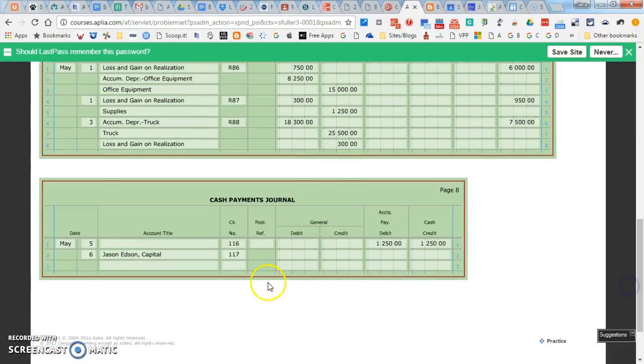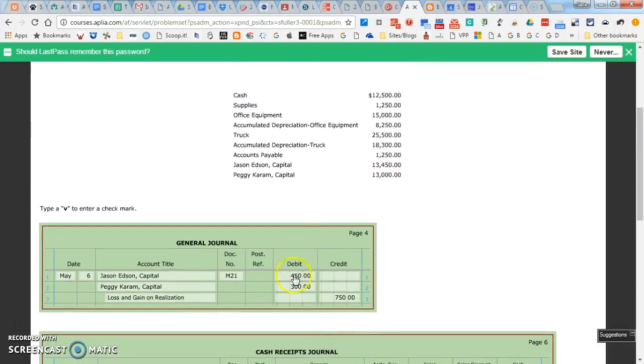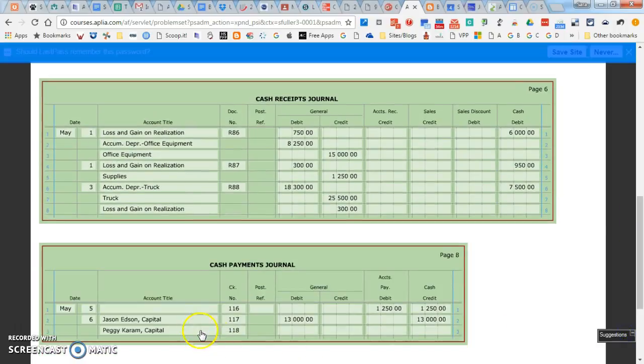So for Jason, we're going to give him a check of $13,000. And the next line for Peggy, and check number is 118. And so same thing, we'll go up and see what she had. She had $13,000 minus the 300. And so 12,700 and 12,700. Okay, you can go ahead and work on your own.